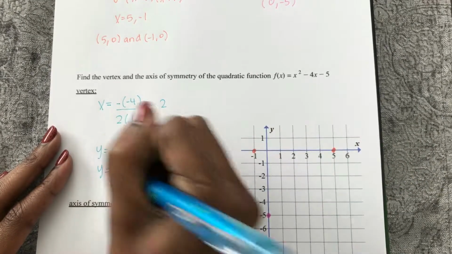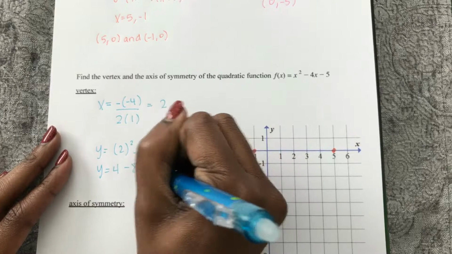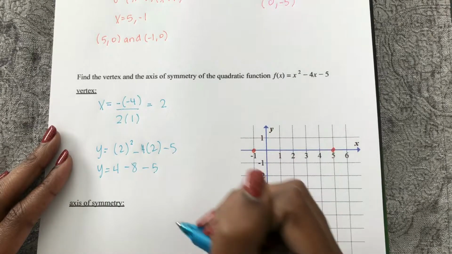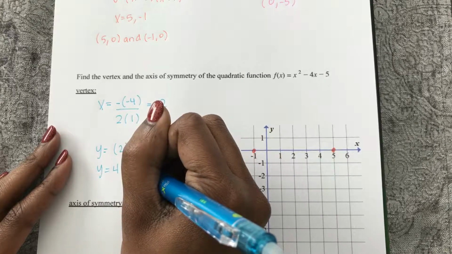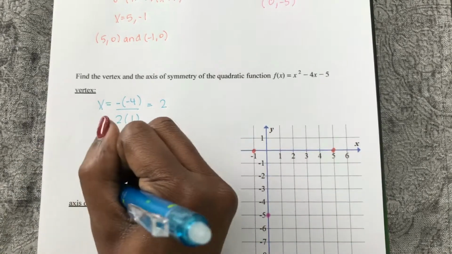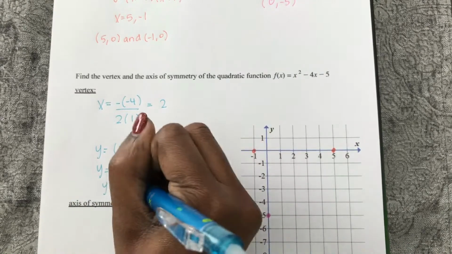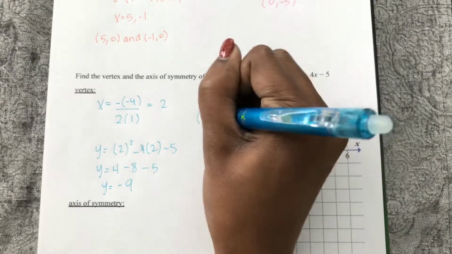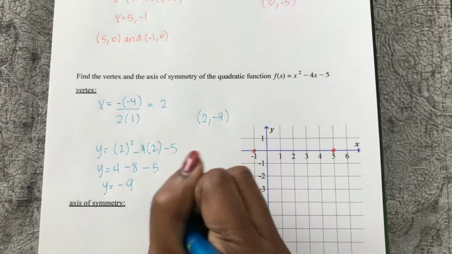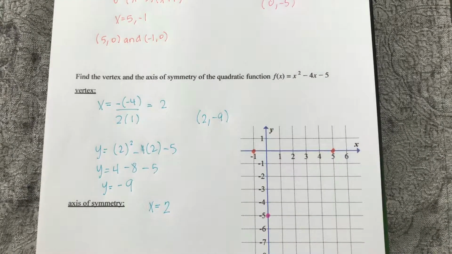So y equals 4 minus 8 minus 5. So 4 minus 8 is -4, minus 5 is -9. So our vertex is at (2, -9), and our axis of symmetry is x equals 2.